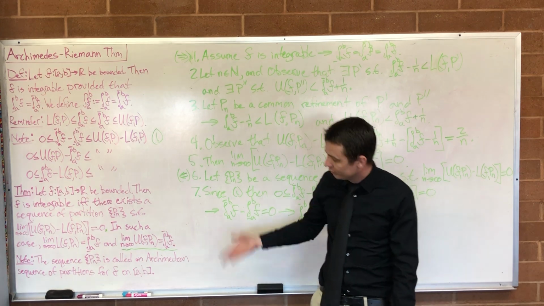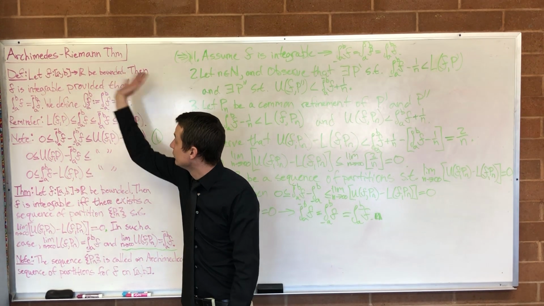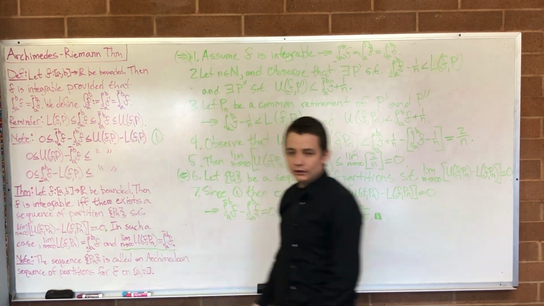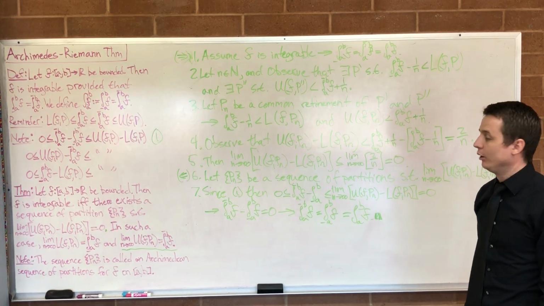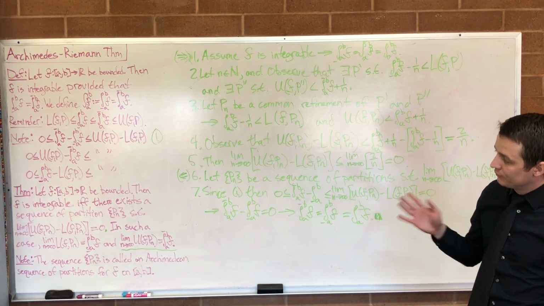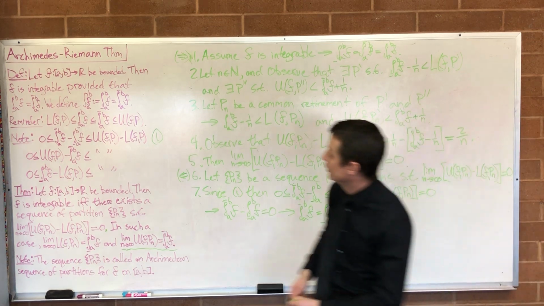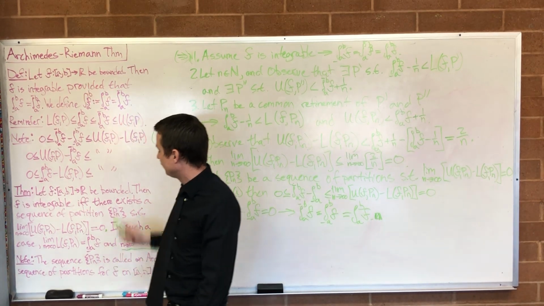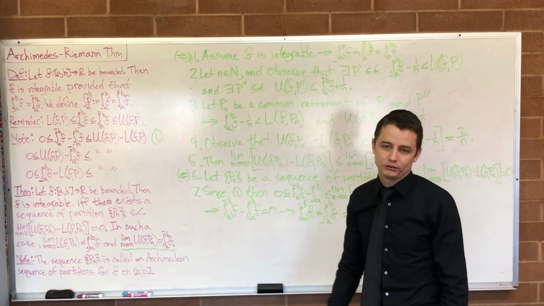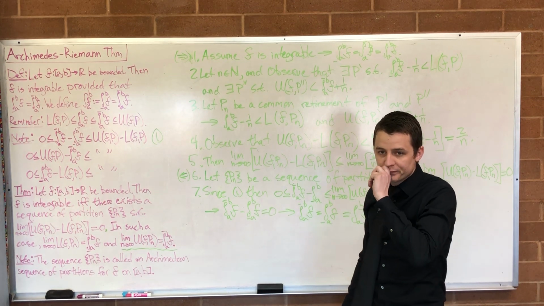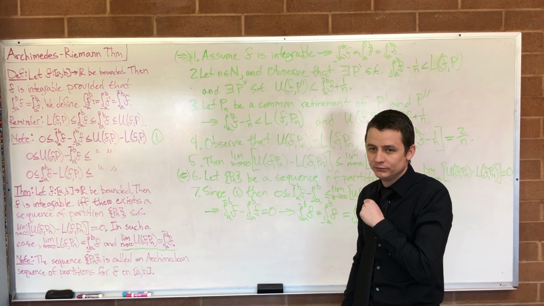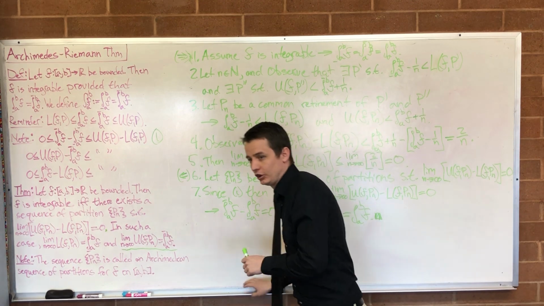An Archimedean sequence of partitions is a sequence of partitions that makes the Archimedean-Riemann theorem true. So another way that we can state the theorem now is that a function like this is integrable if and only if there exists an Archimedean sequence of partitions. Make sense? Good?